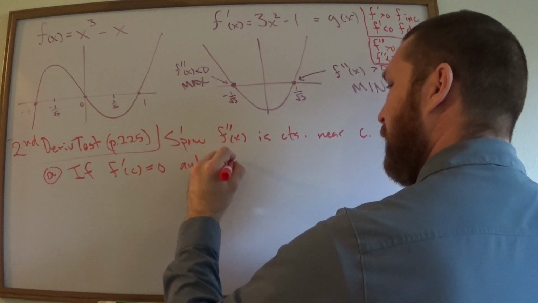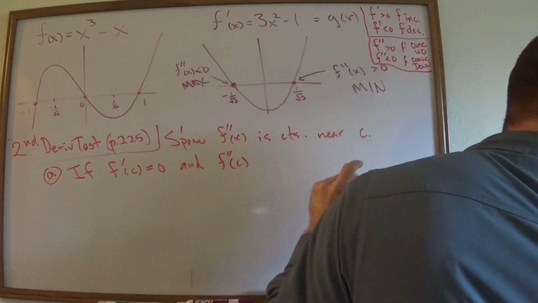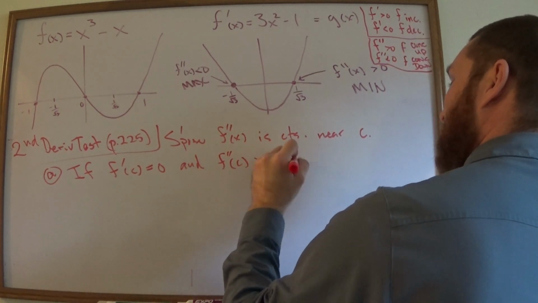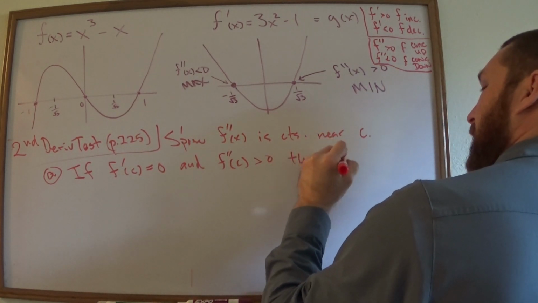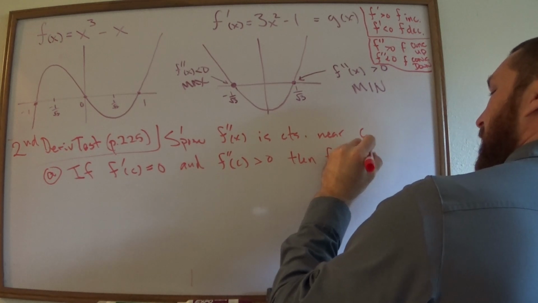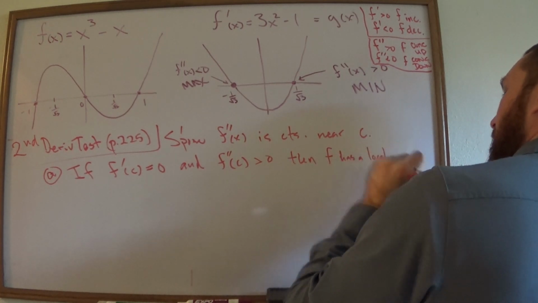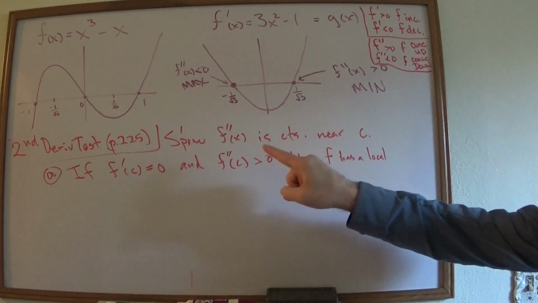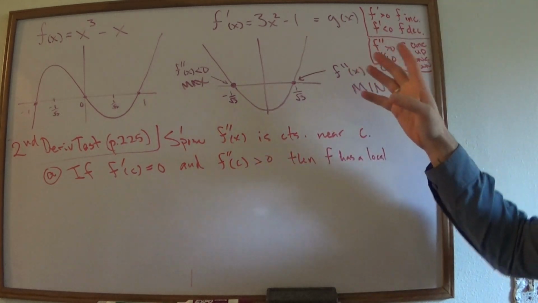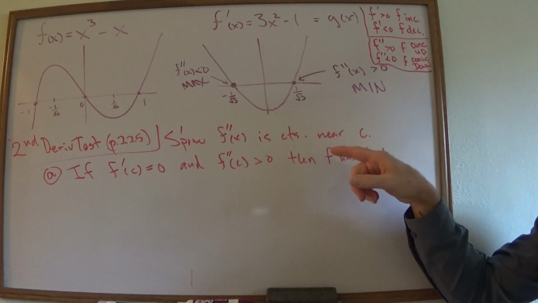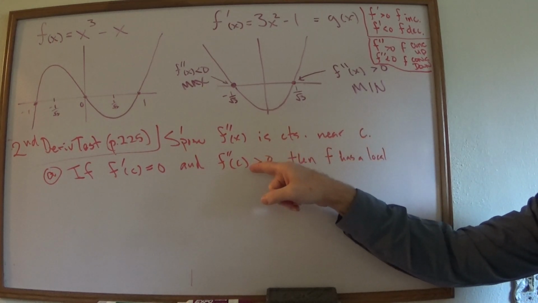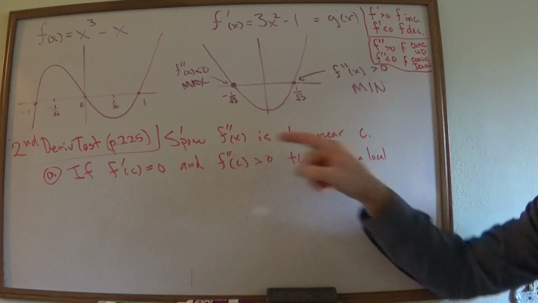And if f double prime of C is positive, then f has a local what? Hold on. This is how I have to do it sometimes, because I don't remember this statement. What I remember is this: that means the slope is increasing.